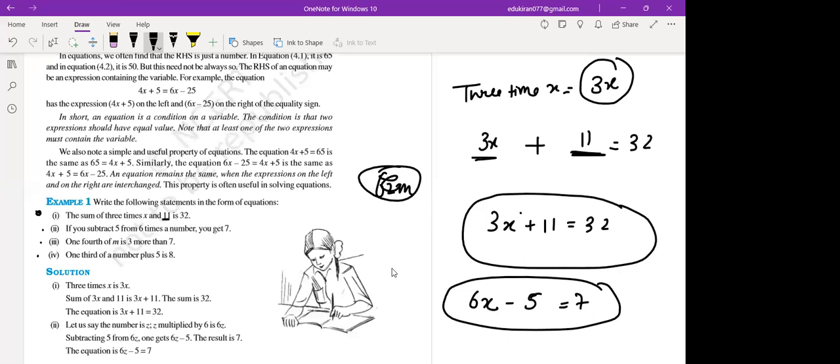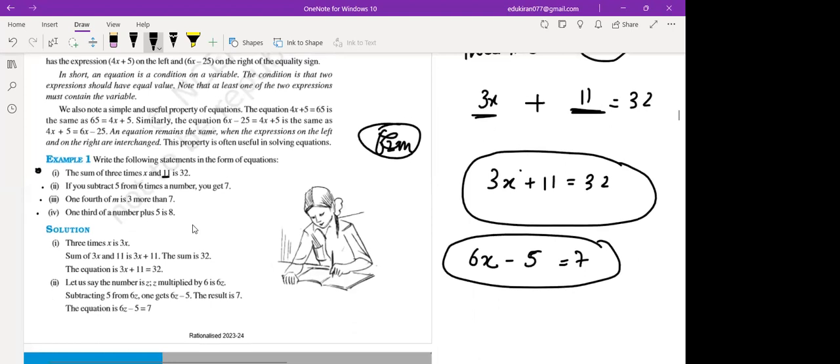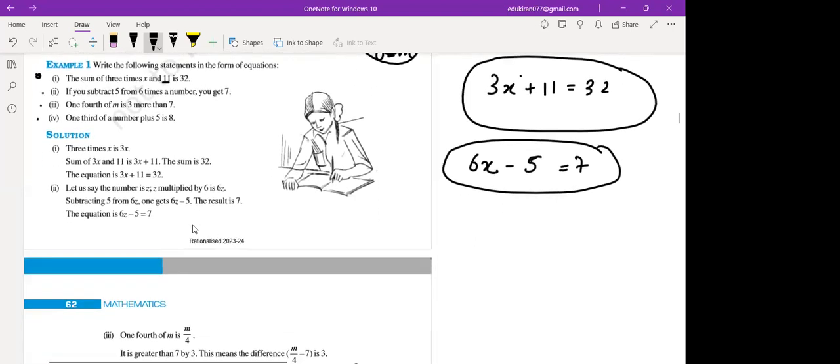Yes, ma'am. Okay. Now, next one is one-fourth of m is 3 more than 7. So how will you write it? One by four m equals 3 plus 7. Okay. Wait a minute. One-fourth of m, so one-fourth of m equals 3 plus 7, which is 3 more than 7.